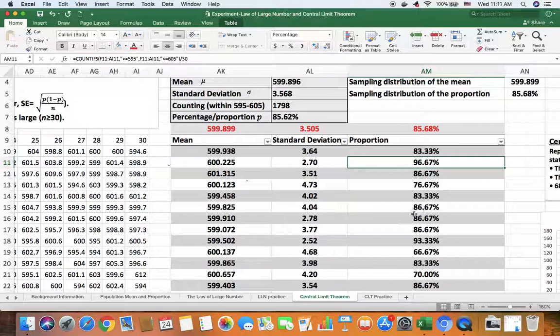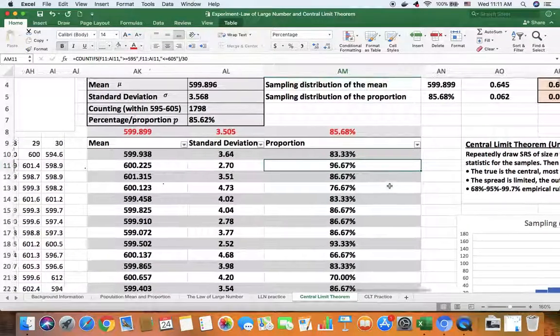Our conclusion from this is that most of the time we can use a sample to estimate or to represent a population, but sometimes we make errors by using just one sample.